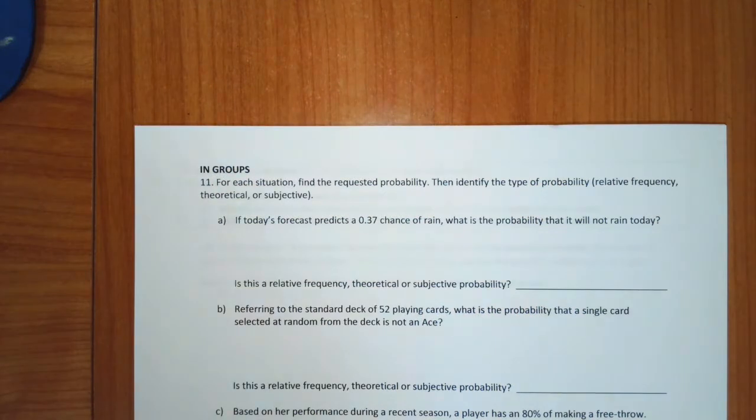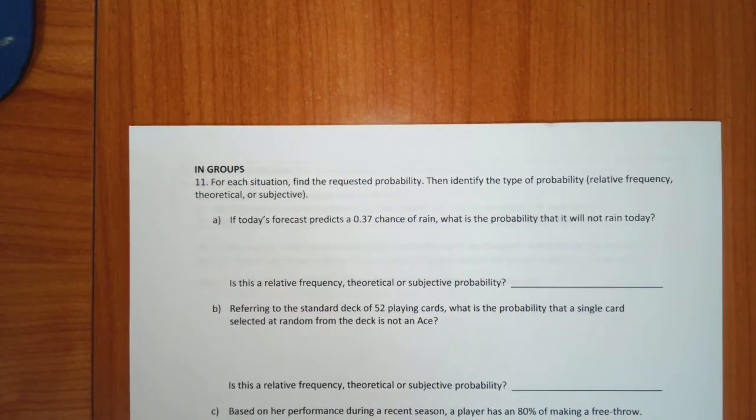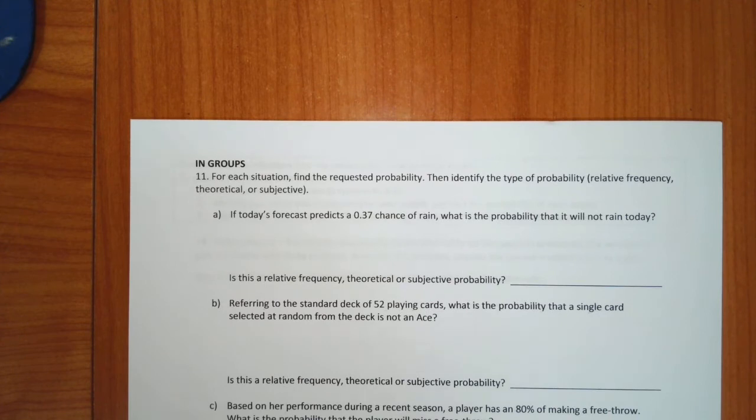All right, so let's do some more practice now. For each of these situations, find the requested probability, then identify the type of probability. If today's forecast predicts a 0.37 chance of rain, what is the probability that it will not rain?